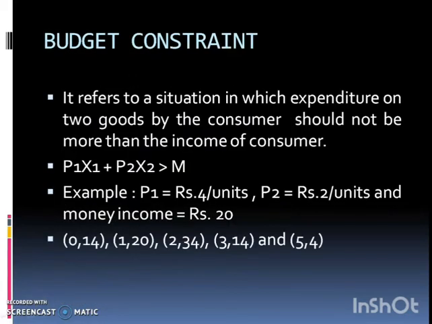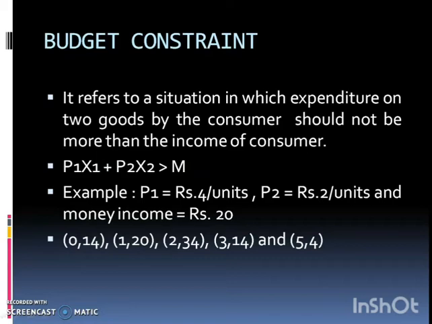At the same time, there is the budget constraint. What do we mean by budget constraint? It refers to a situation where expenditure on the two goods by the consumer should not be more than the income of the consumer. Bundles where expenditure on good 1 plus expenditure on good 2 is greater than the money income of the consumer are not attainable.